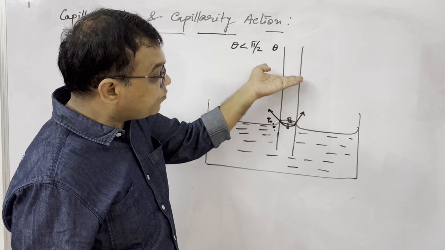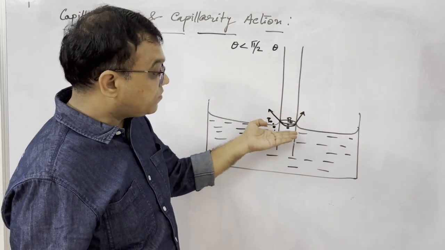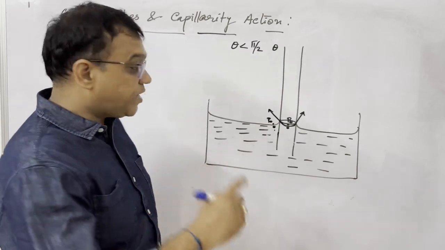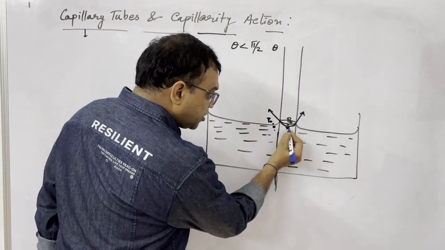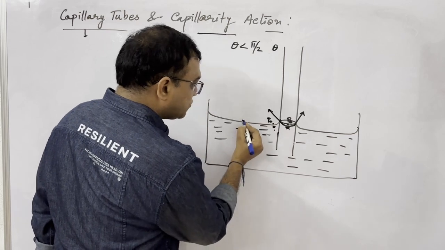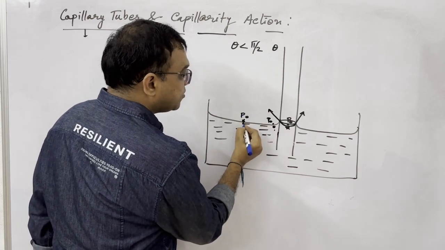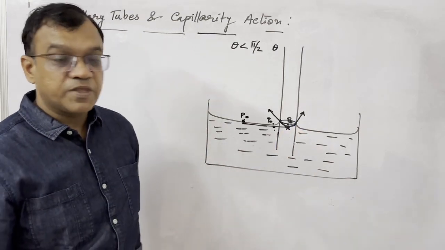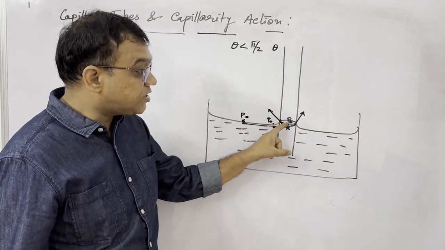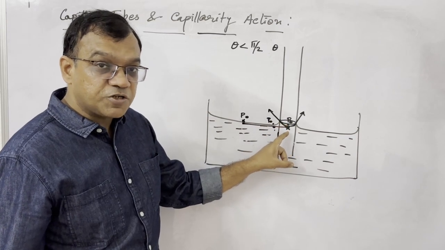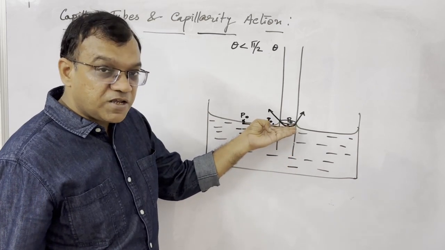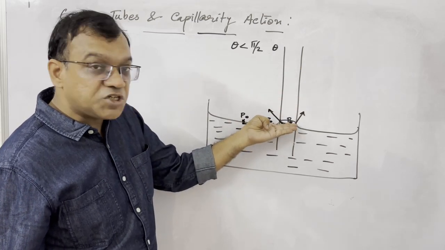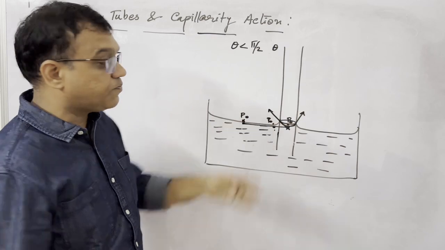Surface tension force will pull it upside to make the pressure at this point atmospheric. Here it is P naught, at the same height level, so here it has to be P naught. But because of the surface tension, it appears to be less than P naught. So to equalize the hydrostatic pressure, this surface tension force will pull the liquid up.